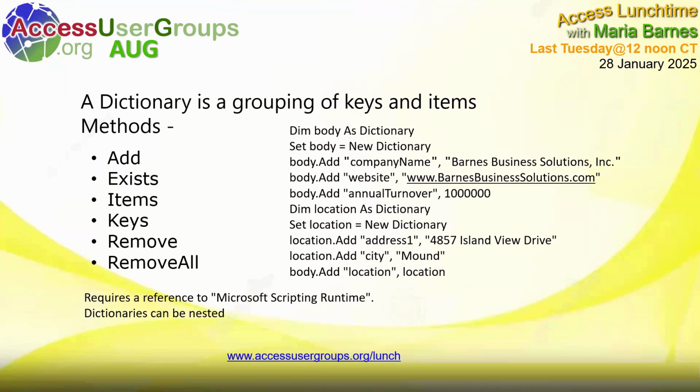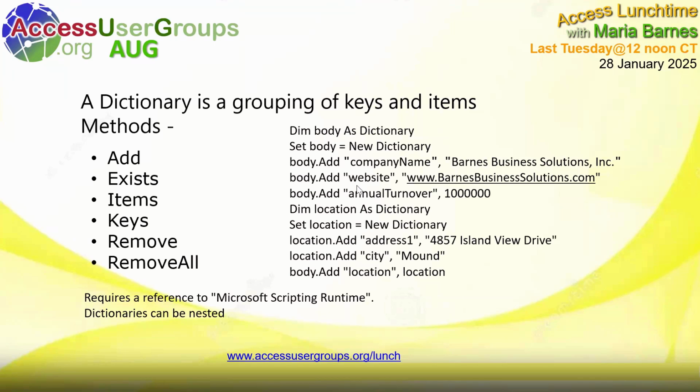There's an add method that you can see in my example here. I set up a new dictionary, and again, I did have to have a reference in my code to the Microsoft Scripting Runtime before I could compile this. I set my body equal to a new dictionary, and then I did a body add, and then I put the key name and then the item name.